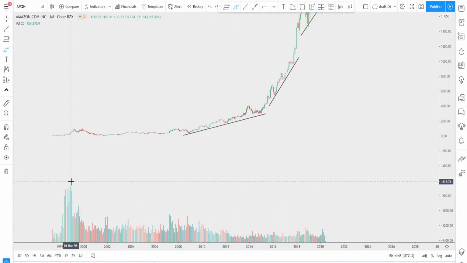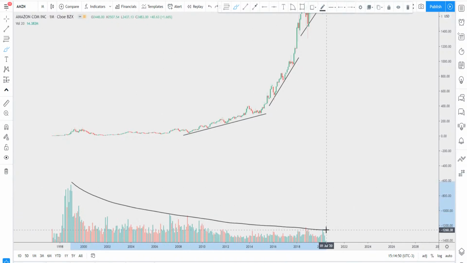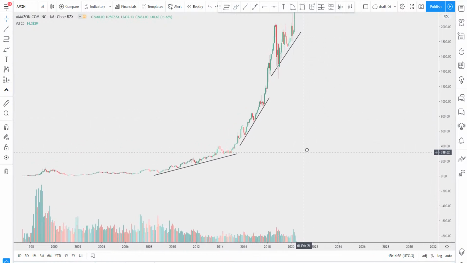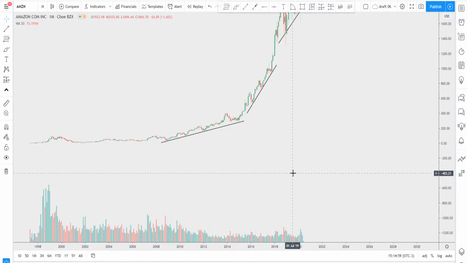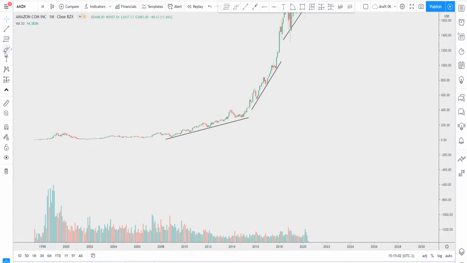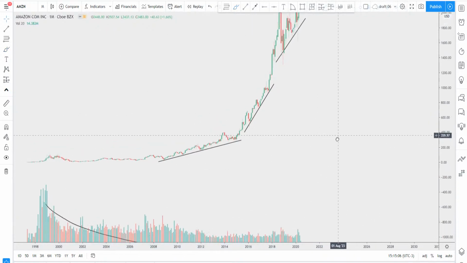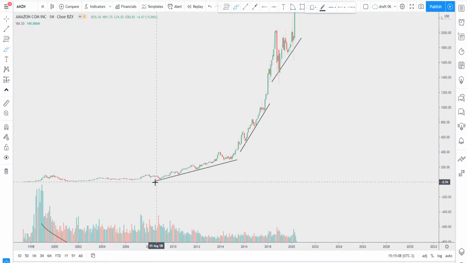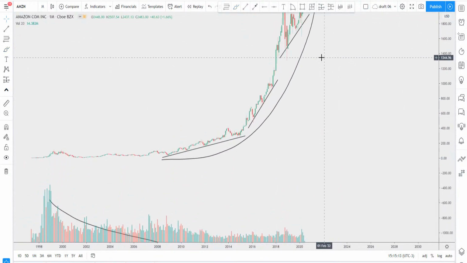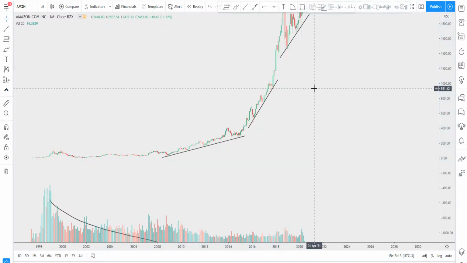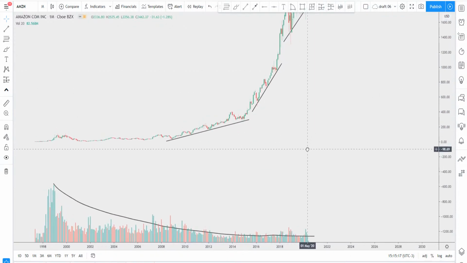So we have a supply and demand issue here, and I saw some people acknowledging this issue as well. So you know that we don't have enough volume to sustain and maintain this parabolic move. And this is also related to Dow Jones theory.